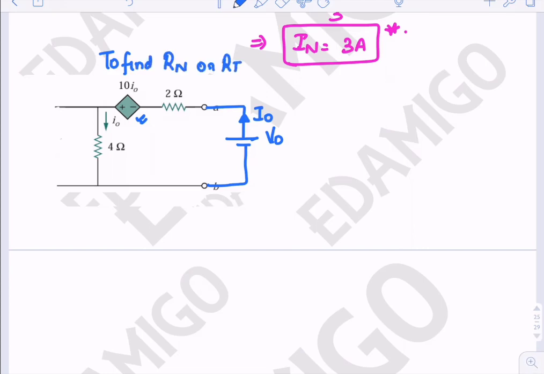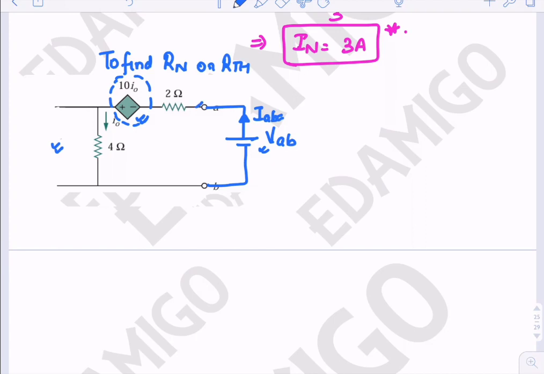They are the same. So we remove the independent current source by open circuiting it, and since there is a dependent source here, we will apply a voltage V0 and current I0 from it. Sorry, we are not looking at I0, we will use VAB and IAB.